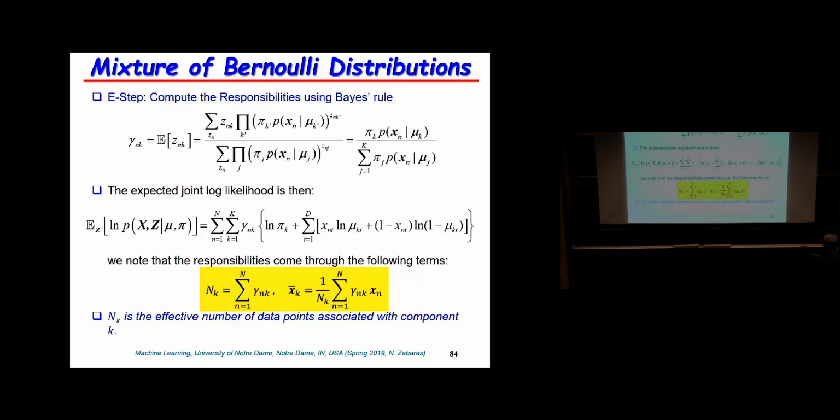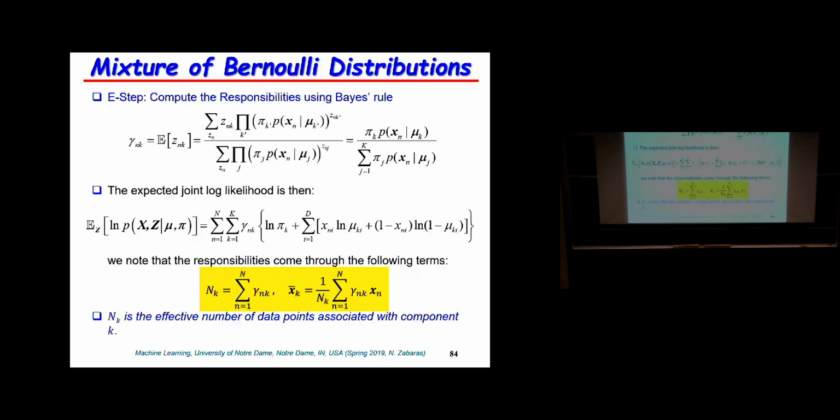So let's define these two preliminary variables, which again are common sense. Look at this N_k. With words, what is N_k? Remember, gammas are posterior probabilities that the point n belongs to the cluster k.